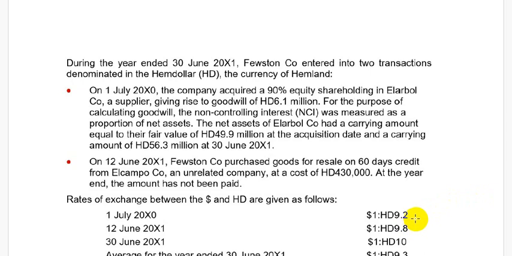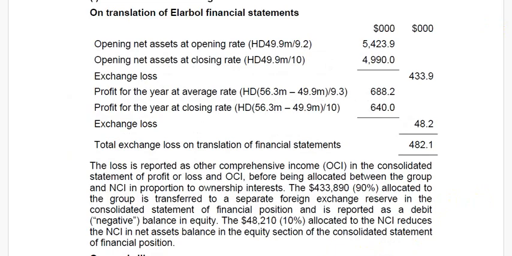So the rate on 1st July is 9.2, and the rate on 30th June is 10. So you first translate the 49.9 using the 9.2 rate, which gives us 5,423,900 US dollars.